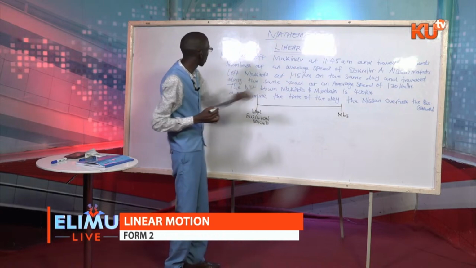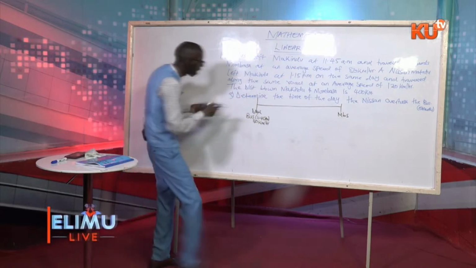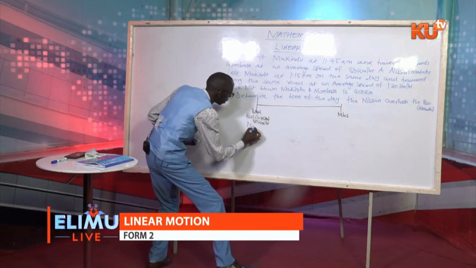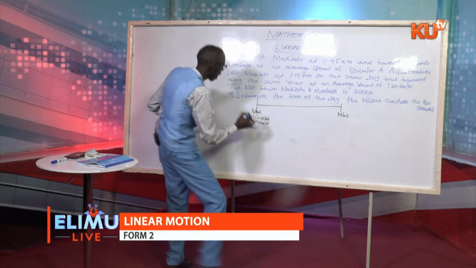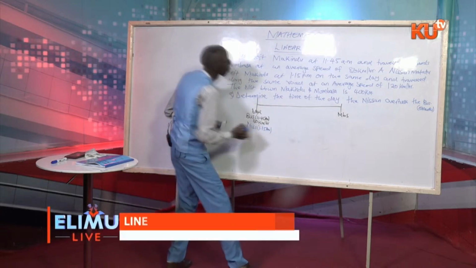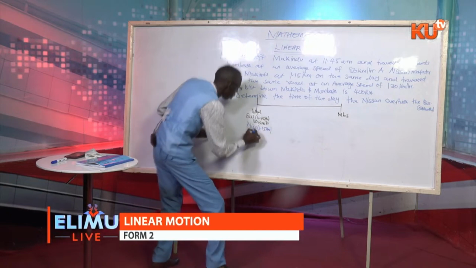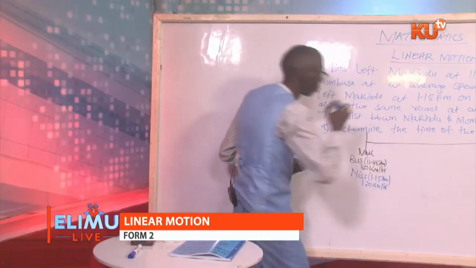A Nissan Matatu left Makindo at 1:15 p.m. at an average speed of 120 kilometers per hour.